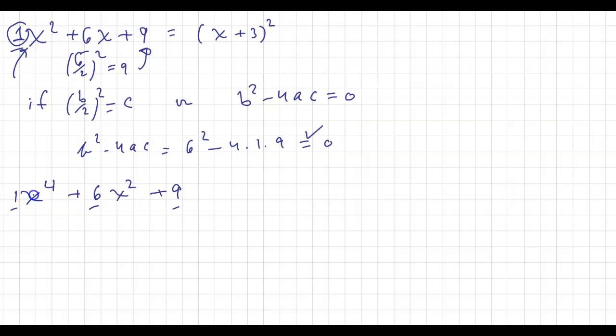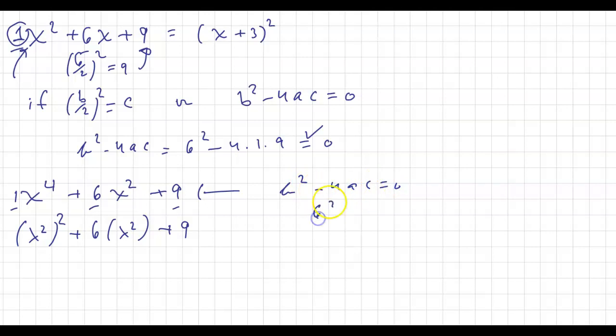If you have a quartic that's got no cubic term and no x term, it's basically like a quadratic, but instead of x, it's like x squared is the variable. So if you have a fourth degree equation like this, and you notice that b squared minus 4ac equals 0, in this case 6 squared minus 4 times 1 times 9 does equal 0, then this thing can be factored.